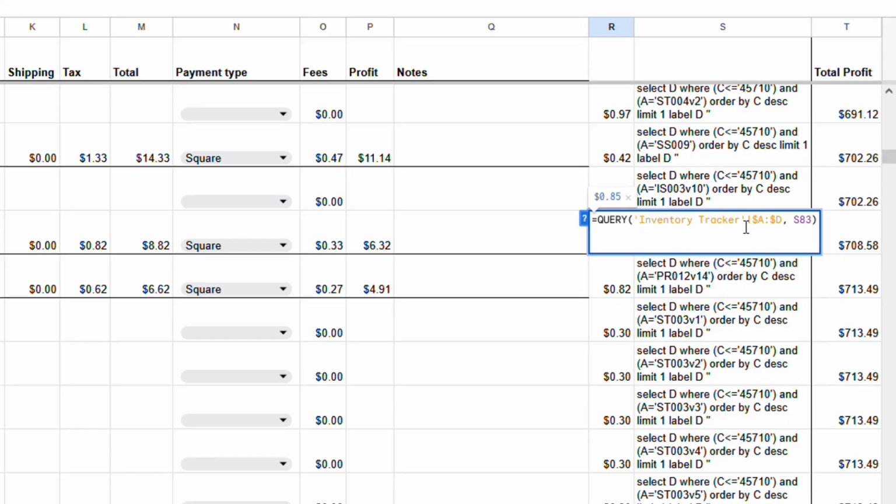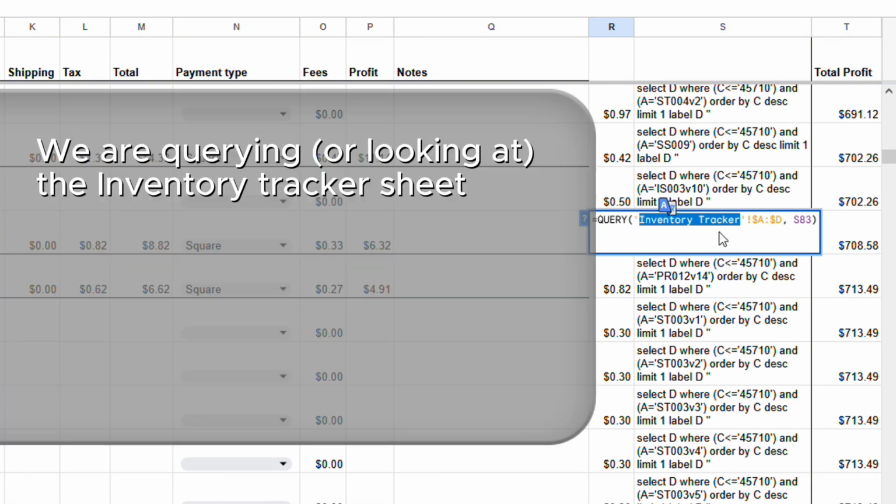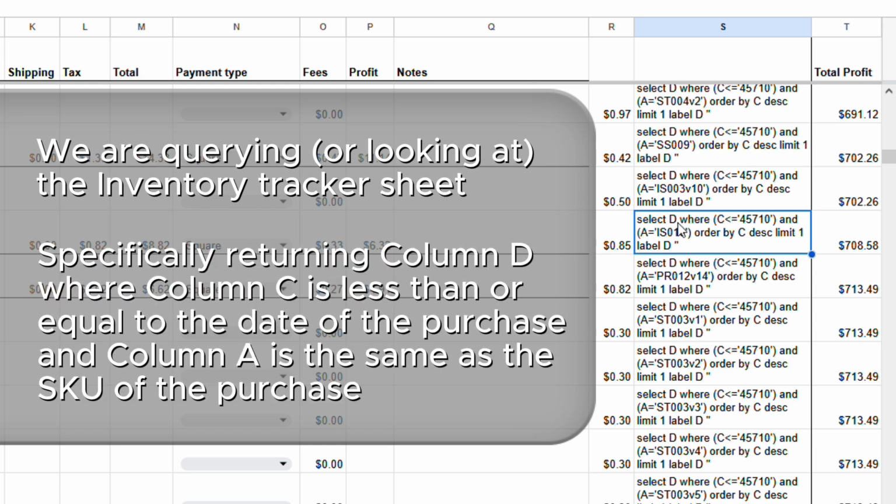I was able to accomplish this through much trial and error. The way my spreadsheet is set up is that it will check the date of the sale against the date of the inventory restock and then match those two things in order to decide what the correct profit margin should be.